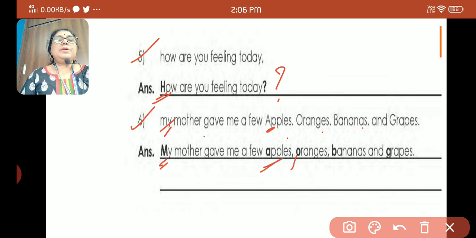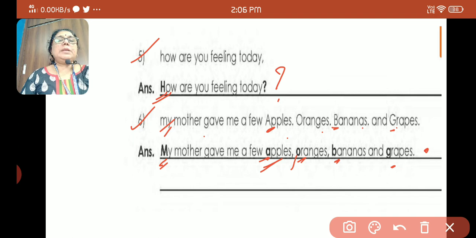Okay. Then we use oranges. Oranges, O should be small. Then again a comma and we write bananas, B small. Got it? B small. And grapes, G is again written small, and then we end the sentence with a full stop.